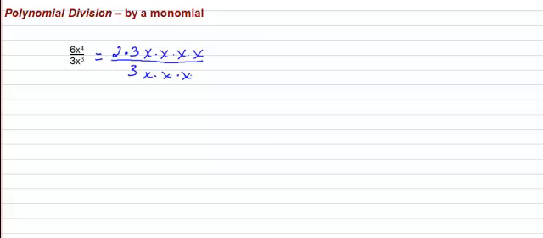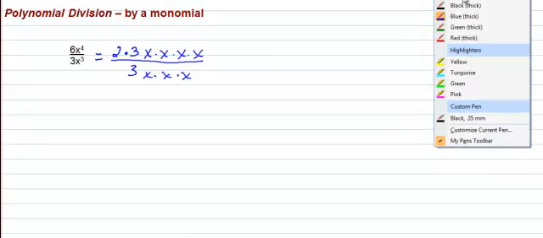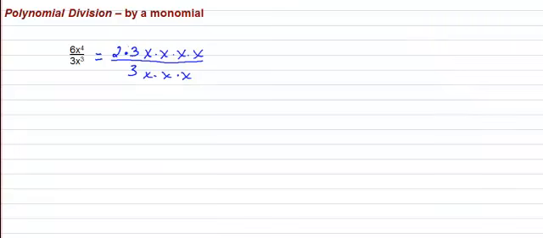So again, the next thing that we do is we cross out anything that's the same top and bottom. And then we just multiply back whatever is left. And that's a pretty basic division problem.